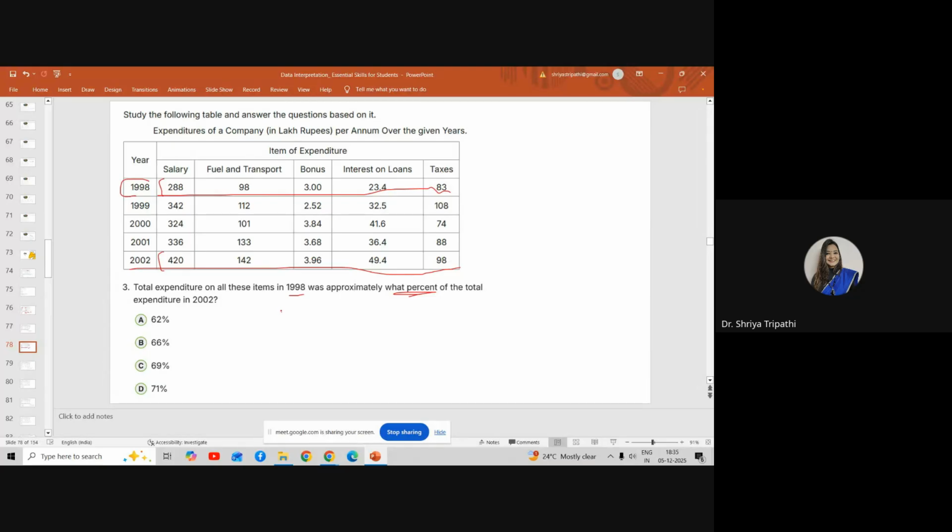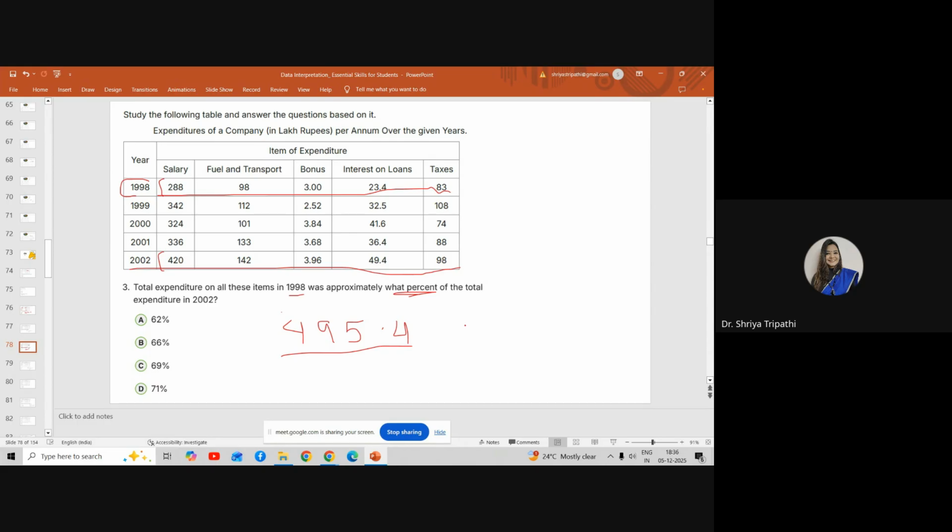It is just 3, huh? It's not 300. Please zoom in your screen if you're facing difficulty. We are having 495.4 divided by. Anyone calculated the denominator?